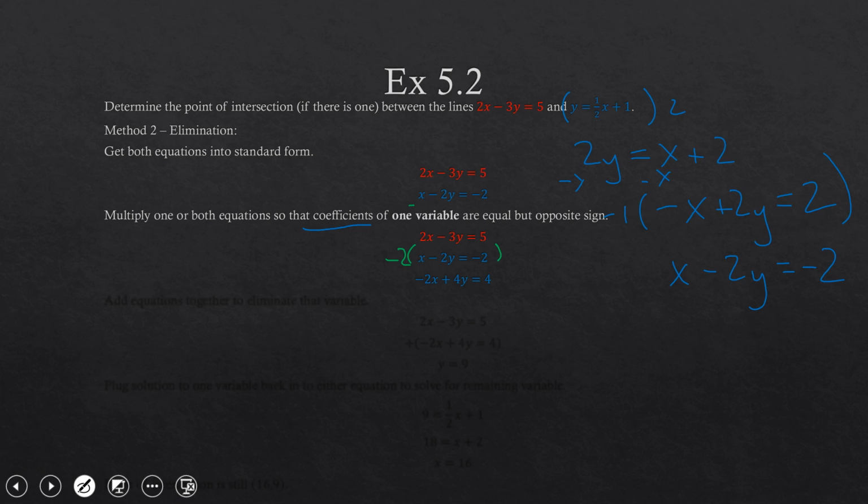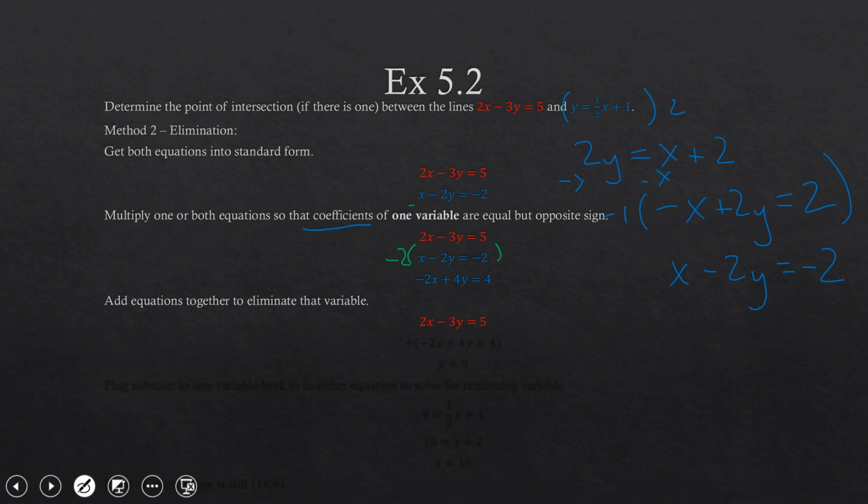So now that we've got our equation changed a little bit, it's not a different line. It's the same line. It's just all the values have been doubled. We can add the equations together to eliminate the variable x in this case.